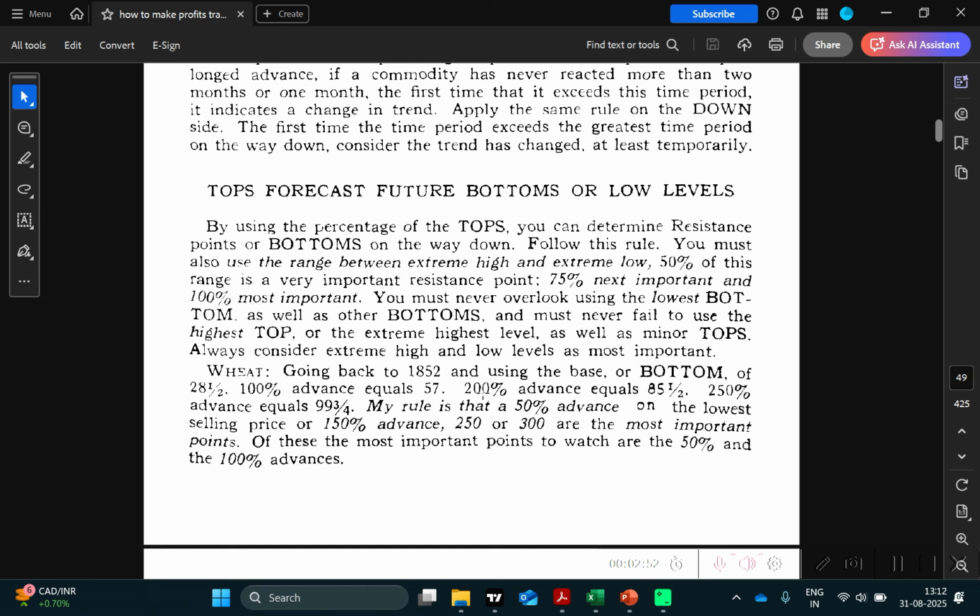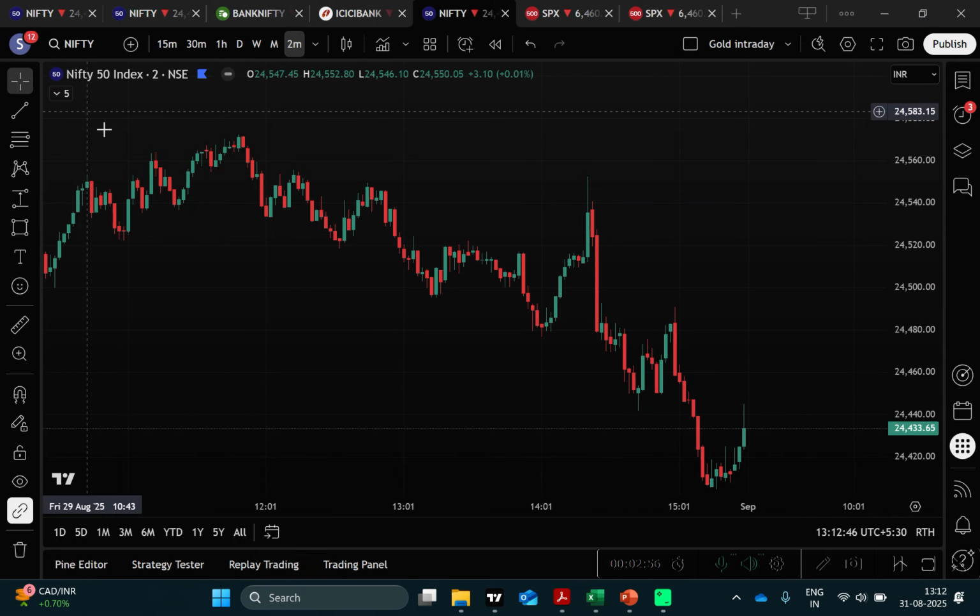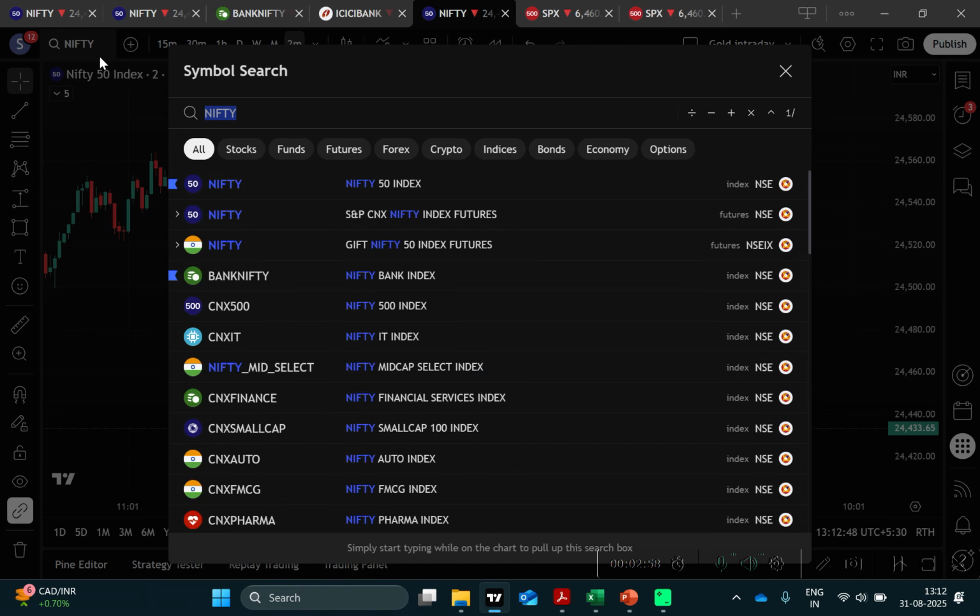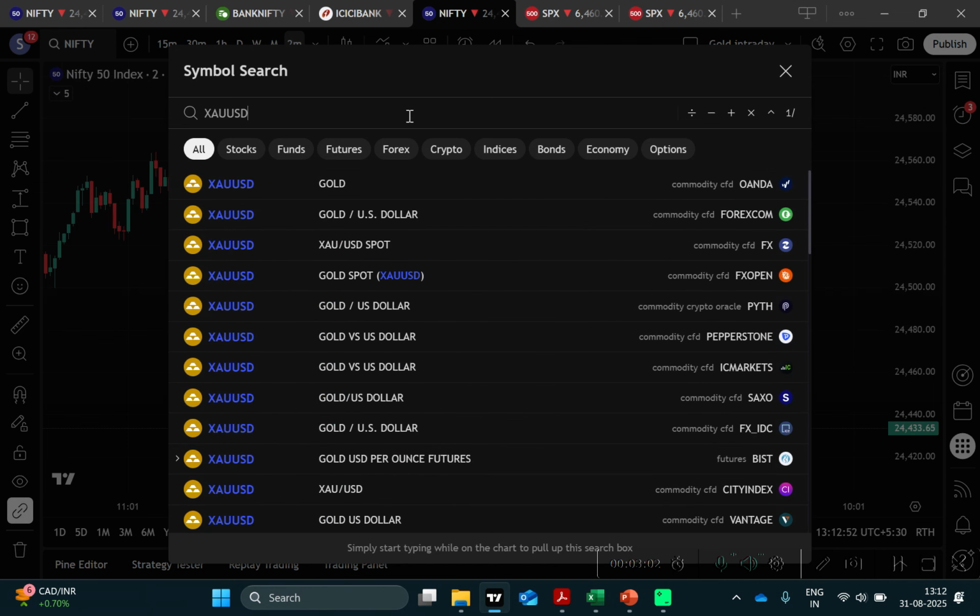Let me bring up the chart of gold. This is Nifty. We don't need the Nifty, we need gold. This is gold, let's bring spot.